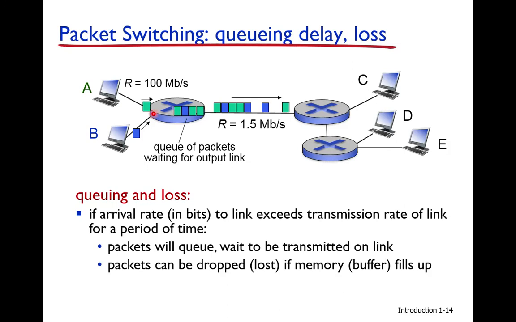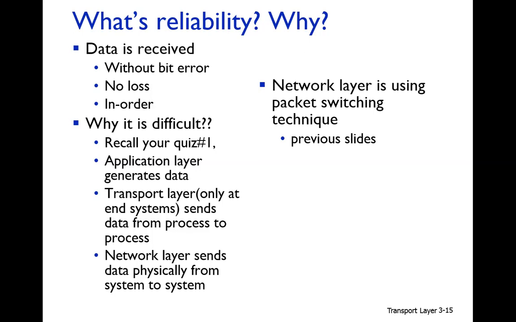So in packet switching, the packet can be lost. Therefore, as we know, the transport layer delivers the data physically by using the network layer, and the network layer in the internet uses the packet switching technique. And as we discussed in the previous slides, there can be packet loss and packets can be received out of order.